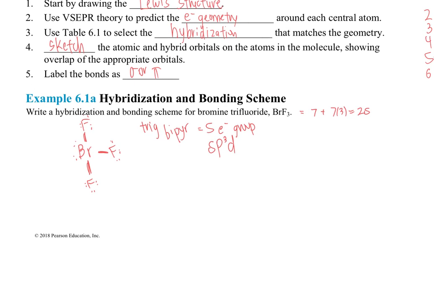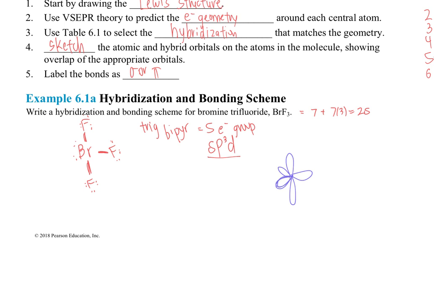So how to draw this is we'll draw our central atom bromine is sp3d hybridized. So I'm going to draw that with purple. We'll have our axial and then our equatorial. I'm actually going to draw it here, the equatorial going straight and then into the board and then out of the board.